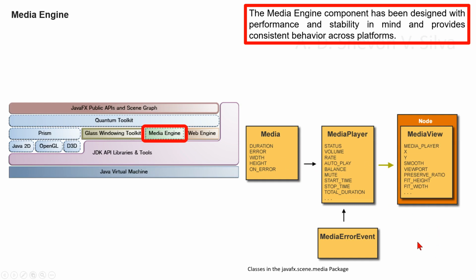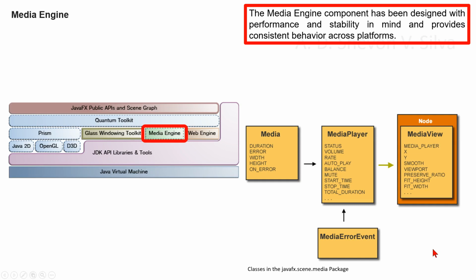The boxes drawn from top to bottom and left to right are labeled media, media player, media view, and media error event. Directional arrows connect the boxes.